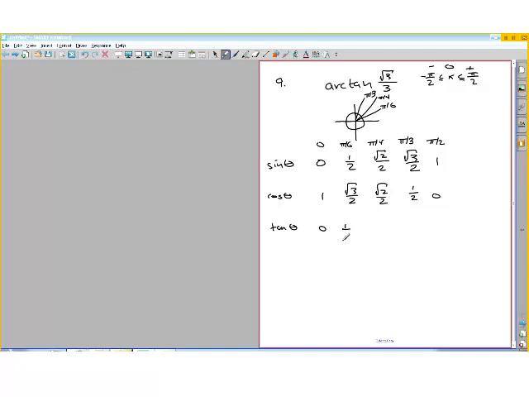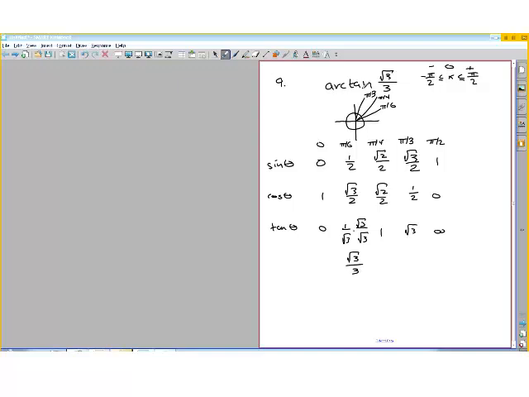You have the same denominator, so you end up with 1 over the square root of 3, but we don't like square roots in the denominator, so we multiply by the square root of 3 over 3 and get square root of 3 over 3. Here they're the same numbers, so that's 1. Then you get the square root of 3 over 1, because you have the same denominator, so you get the square root of 3. And then you have 1 divided by 0, which is infinity. That's how you generate the table.